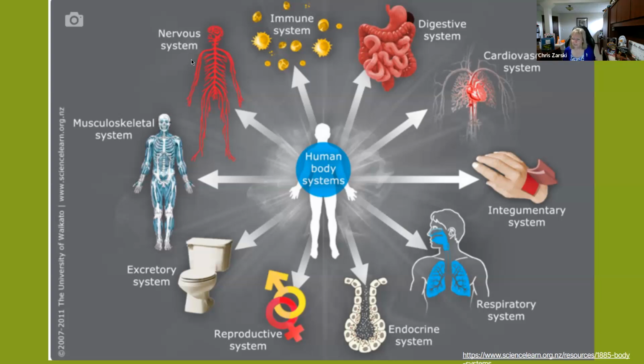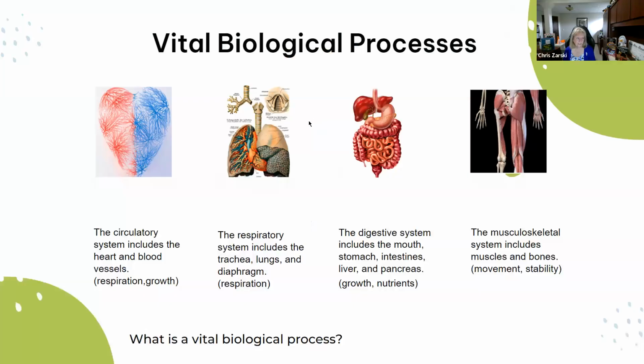All of those. Nervous system is a big one. I'm not really sure why that isn't in here yet, but it isn't, right? So there are all kinds of systems. We're going to stick to just a small number so that we can unpack them and understand how they are connected.